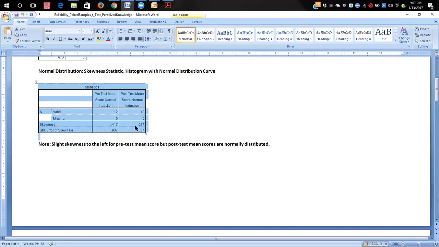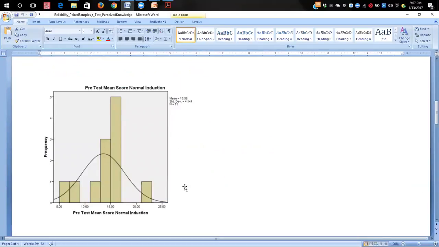So as soon as you have a number other than 0, whether it's positive or negative, you can also see this right away by looking at your histogram with the normal curve distribution, which is represented by the bell curve.